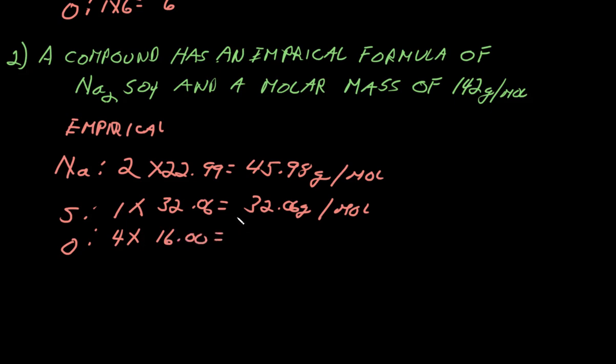So we've got 64.00 grams per mole. So we want to find the total mass. So if we add all these up, we're going to come out with 142.04 grams per mole.